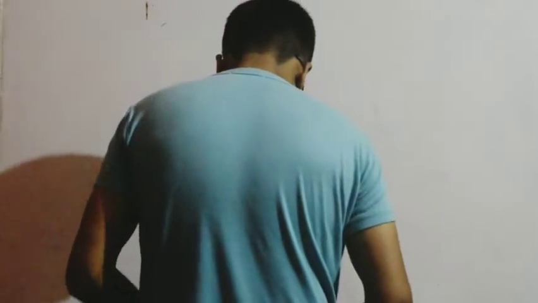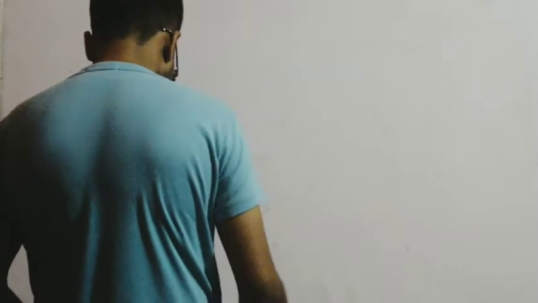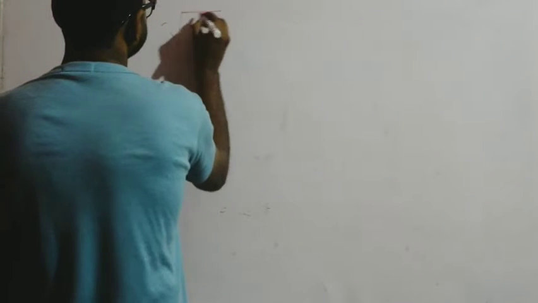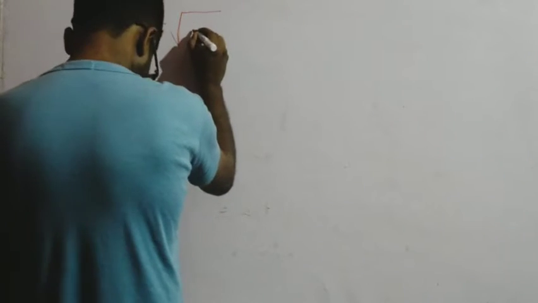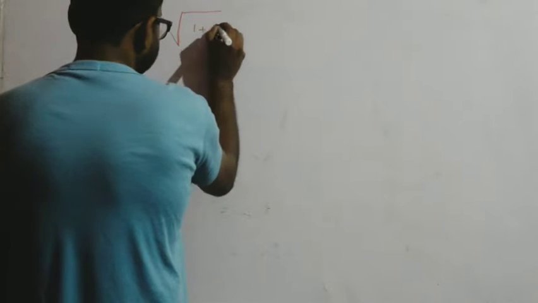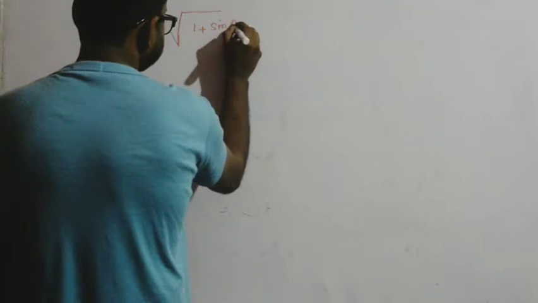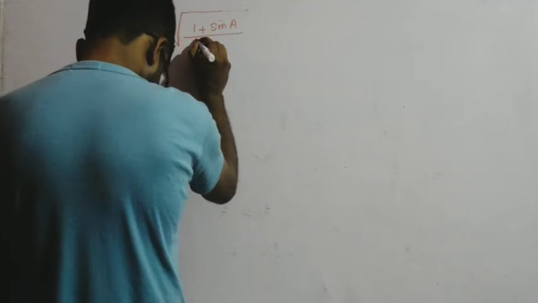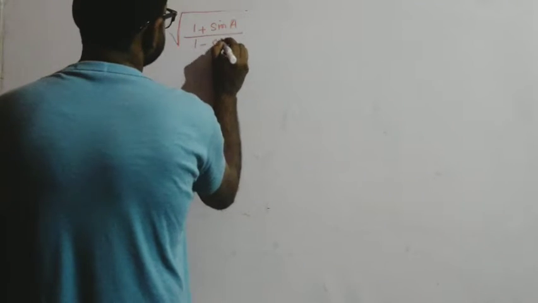Now, the next question that I am going to do for you is one of the very easiest questions, but also important, as I have seen some questions like this in the board exams of various states and CBSE.